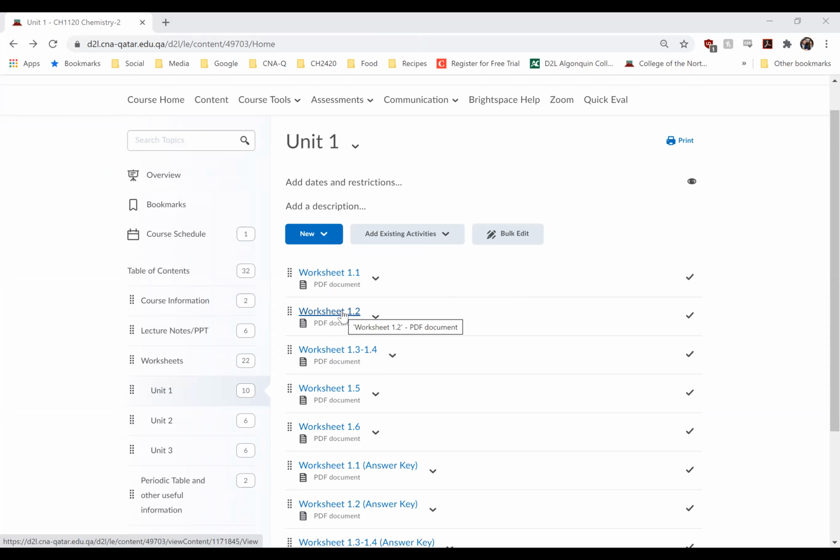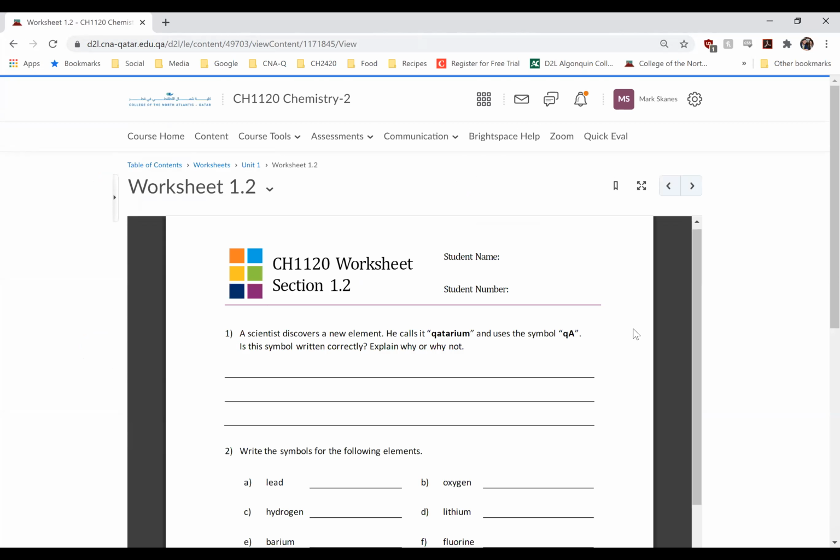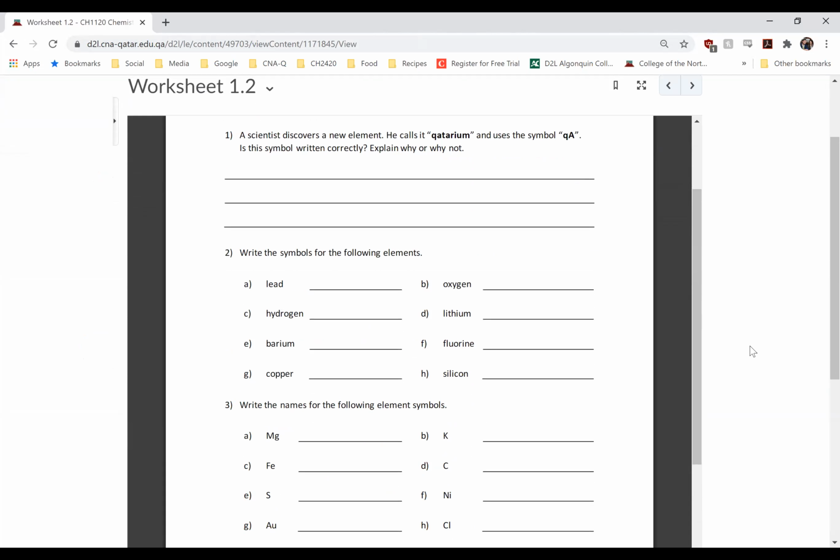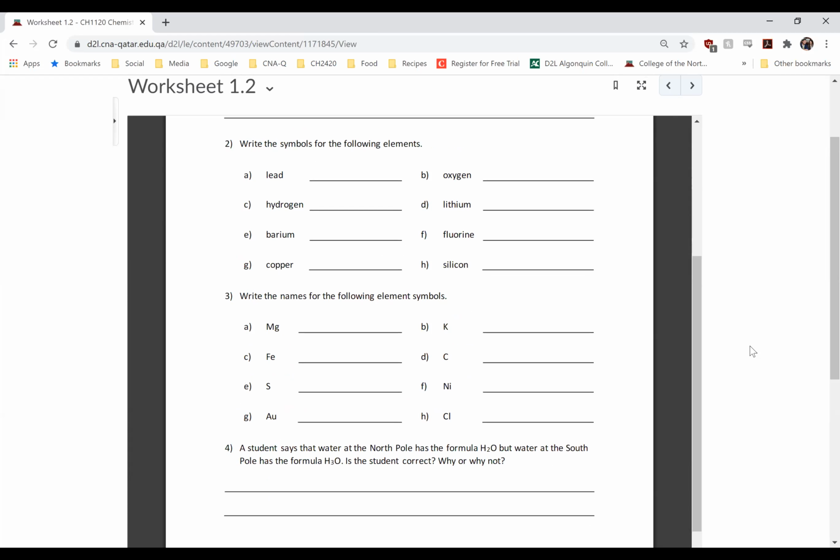Definitely worth looking at a little bit of worksheet 1. Worksheet 2, not a whole lot here. Let me preface this by saying the only reason I would tell you to maybe move on from worksheet 2 is because you will be using D2L, your computers, for this test, which means you'll have access to the periodic table, the internet, your phones, everything. You are definitely 110% responsible for knowing, this is worksheet 2, the names and symbols of elements.